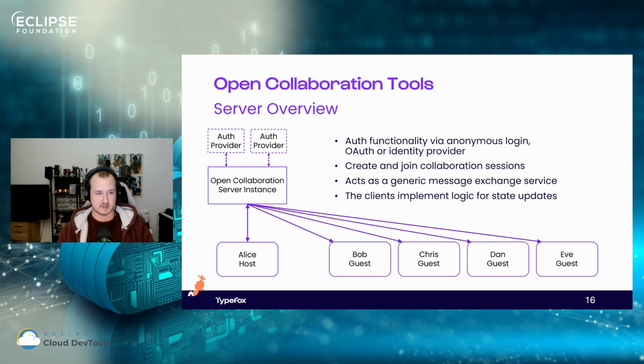And so what we've instead done is create a pseudo peer-to-peer network via what we call the open collaboration server instance. This is a message relay that you communicate with, that then communicates with everyone else. So you don't even need to have a connection with everyone. You just need a connection with the open collaboration server instance, and everything is then handled by that server instance.